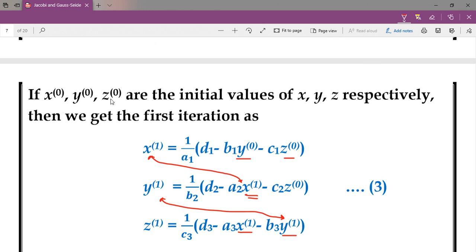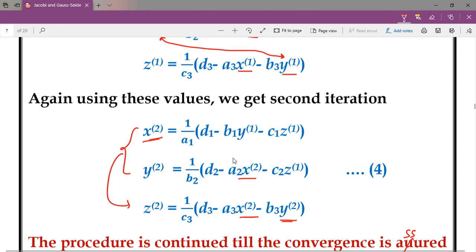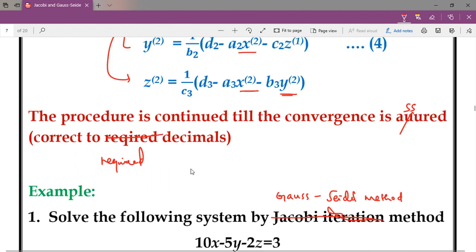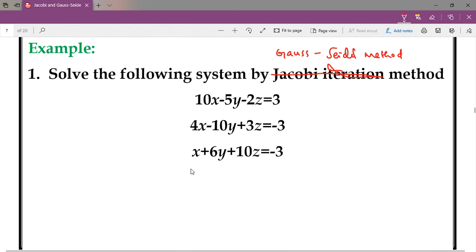We use x0, y0 and z0 in the first iteration only, that is while finding x1. While finding y1 we use the latest root of x, and while finding z1 we use the latest roots of x and y. This procedure is continued till convergence is assured.